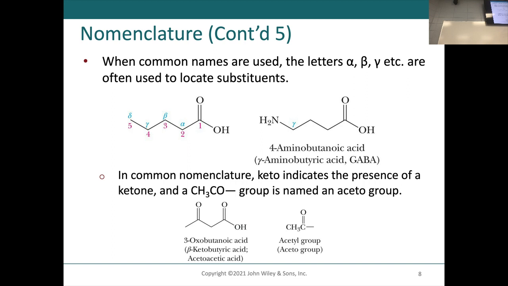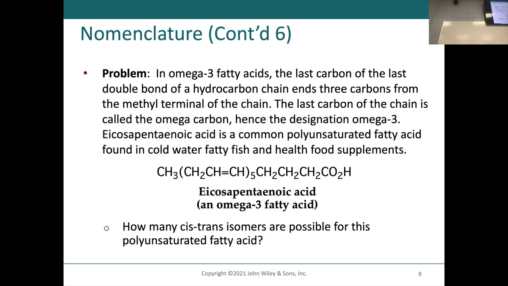There are a lot of studies on making GABA analogs to help control mood and other types of mental situations. So GABA is something that is studied in biology quite a bit and is easy to make. All right, we'll skip that one.